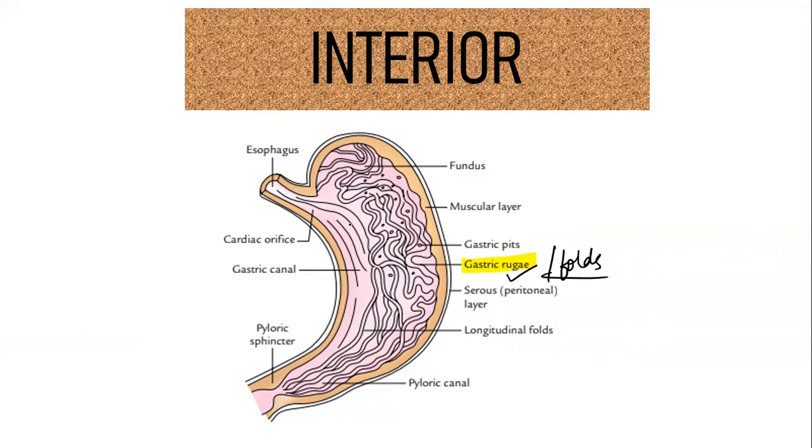If you take, there is some variation. Can you appreciate, closer to the lesser curvature, you have not got gastric folds at all. And here if you take, you have got more longitudinal folds, right? So these are all longitudinal. Here they are very irregular. Can you appreciate this portion? Here it is irregular, whereas here they are very regular, they are longitudinal. So all these are longitudinal folds.